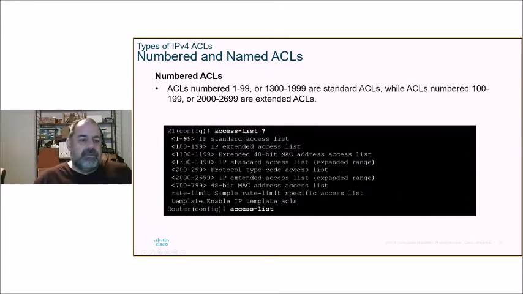Now, if you don't want to remember those other numbers, I suppose you could do this command, access list ? And it will explain what they mean. But you can actually do named access lists as well. And as long as you can come up with enough unique names for ACLs, you're all good.